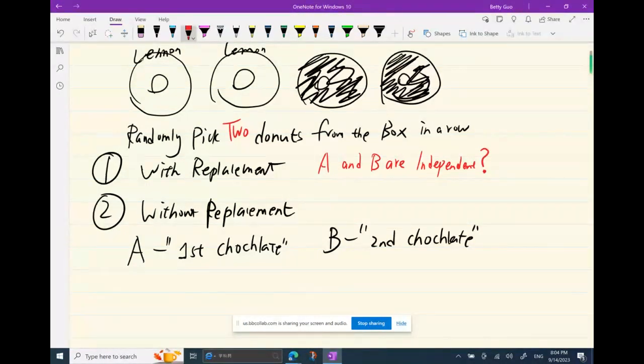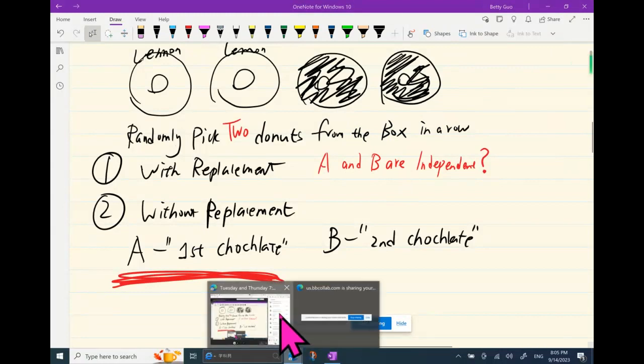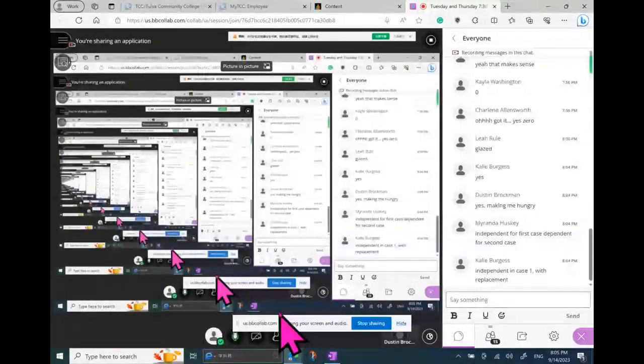Because the first time you got a chocolate flavor, the chance is half, right? And then you put it back. When you pick the second donut, you still have 2 lemon flavor, 2 chocolate flavor. So the chance of getting chocolate the second time doesn't get affected by whether this occurs or not. Do you see that? A and B are independent.